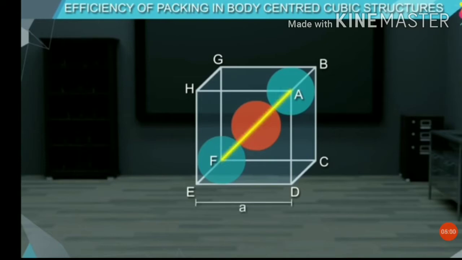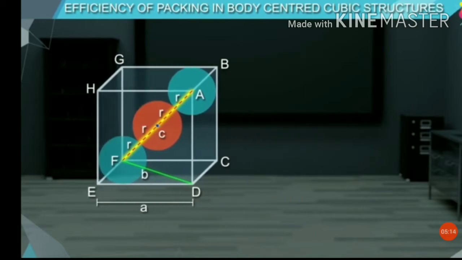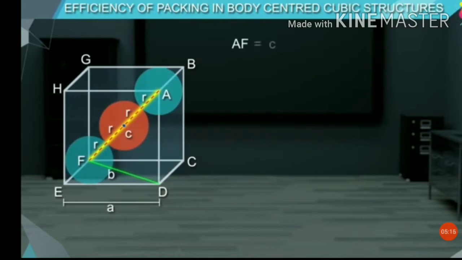Let a be the edge length and r be the radius of the sphere. The body diagonal AF is equal to c and the face diagonal FD is equal to b. Then the body diagonal AF, which is c, is equal to 4r.